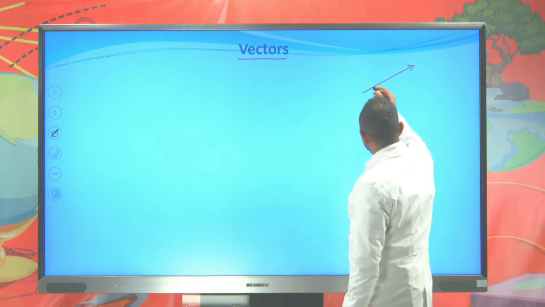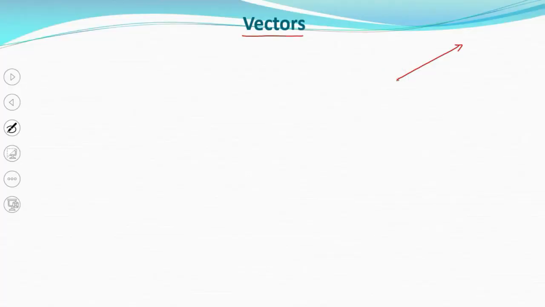As you can see from this arrow, this vector has an initial point, and it also has a terminal point.